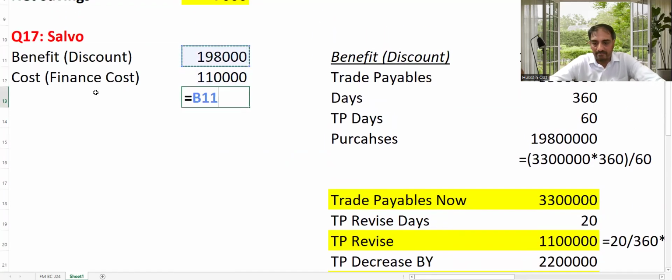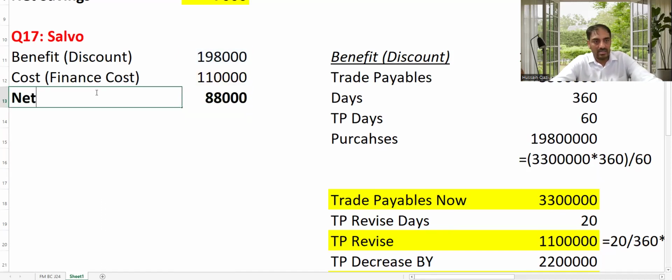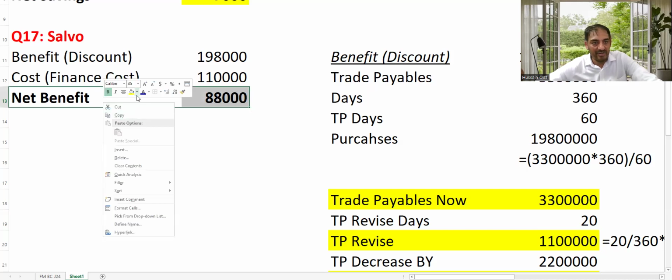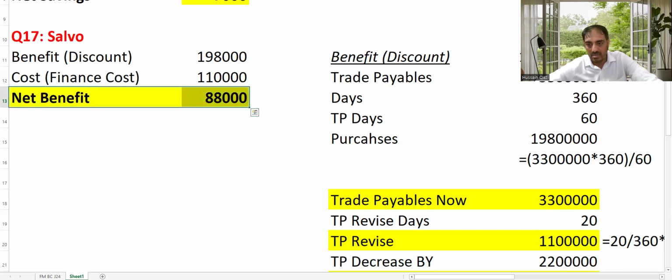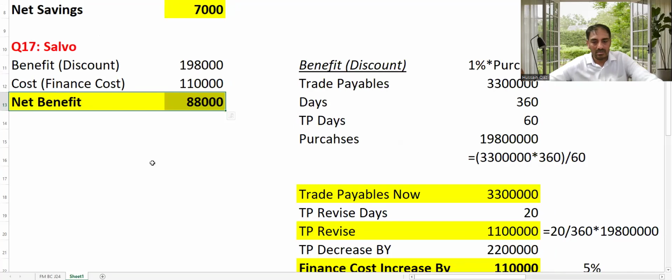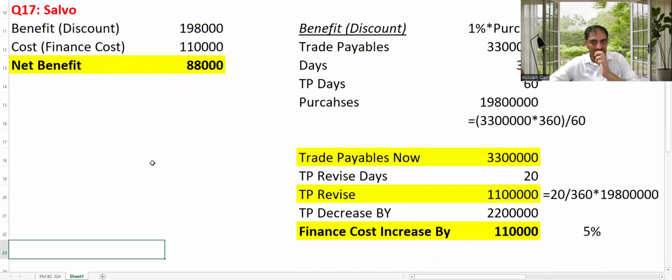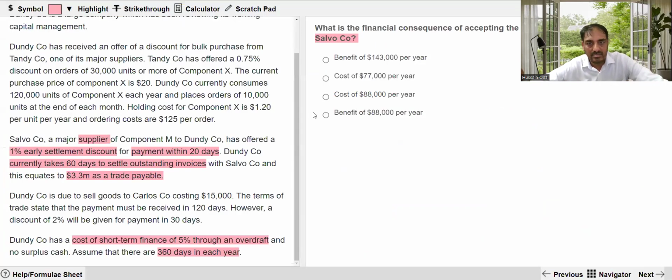So the difference is the net benefit of 88,000. Net benefit of 88,000 per year. That's the point.